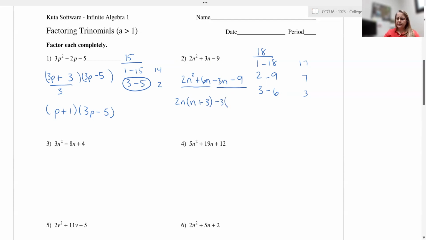So when I take a negative 3 out of negative 3n, I'm left with a positive n. And then negative 9 divided by negative 3 is a positive 3. And so my result is I've got that n plus 3 in both terms that I'm going to pull out of there. And then I write down what's left: 2n minus 3.